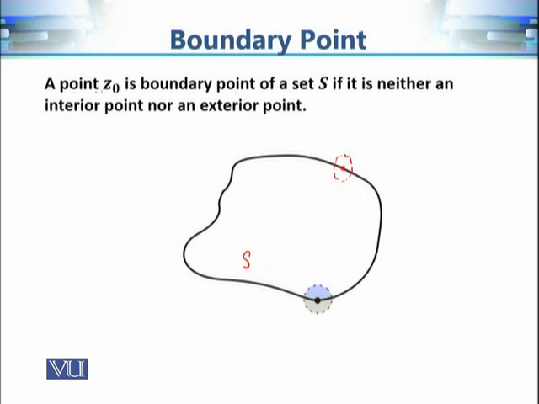Precisely, a point Z0 is a boundary point of a set S if it is neither an interior nor an exterior point.